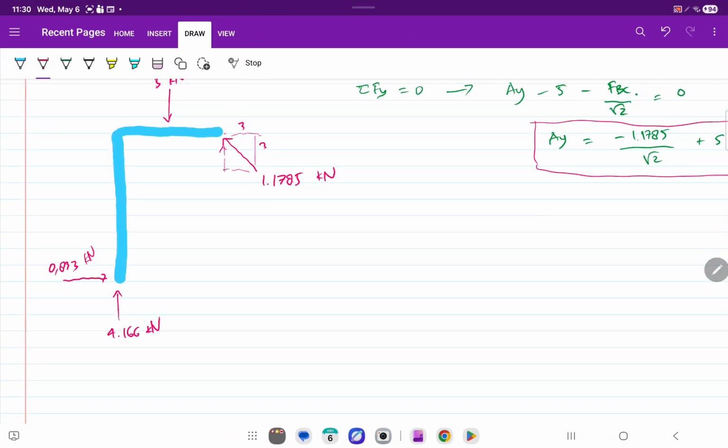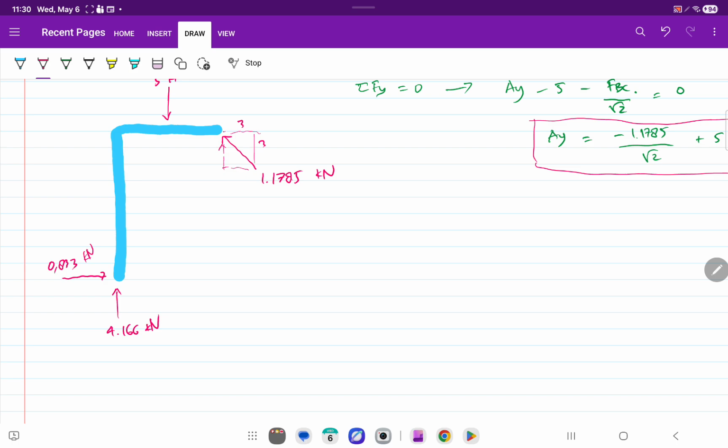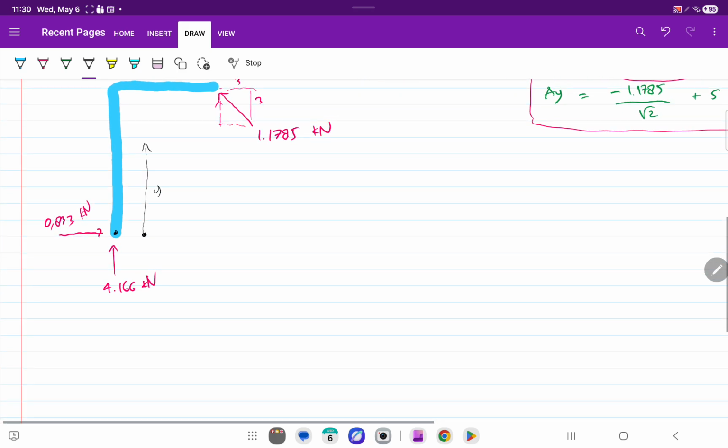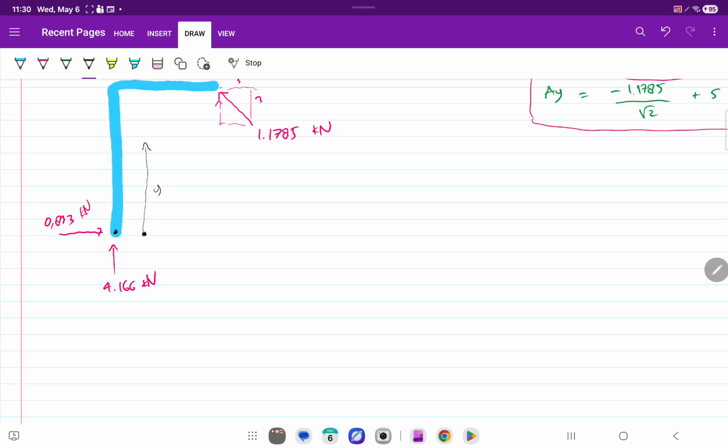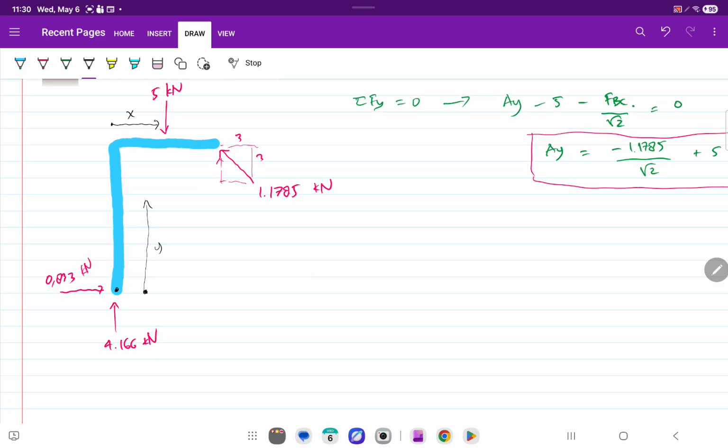Okay. So now, how do you make a section for this one? To make a section, you need to establish first your coordinate. Let's say from here to there, you call it Y. From here to here, you call it X. So the origin is here, basically. Now let's make the first section here.